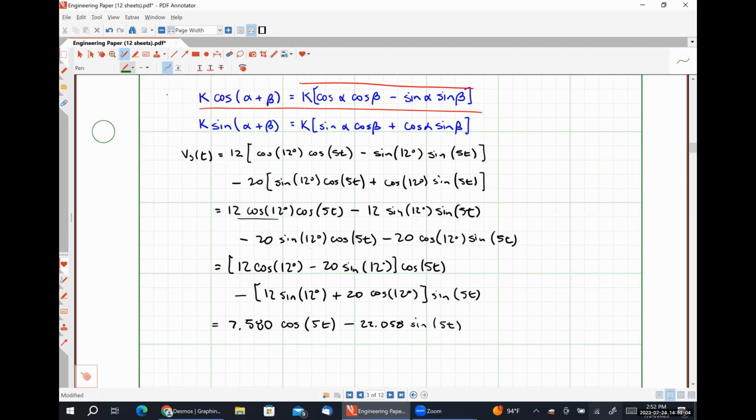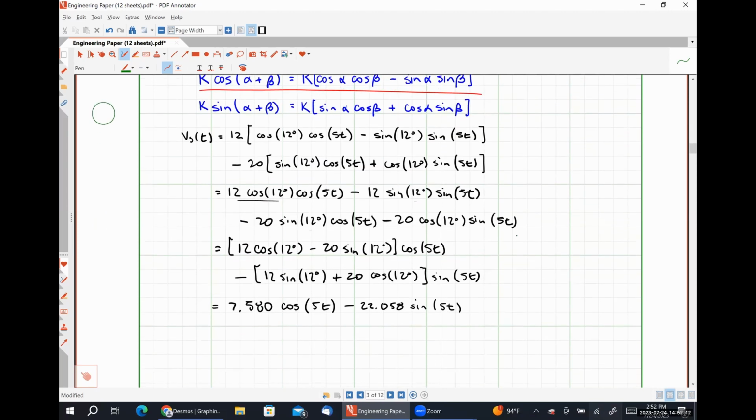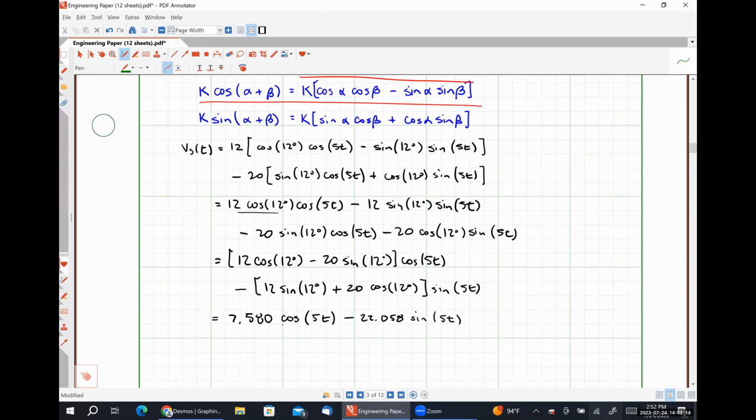So that means that, let's see, so I said 5t was beta. So I have something cosine beta here, which means this thing right here must be k cosine, I don't want to call it alpha. This will be theta v. And actually this k will be Vm, the magnitude of our voltage.